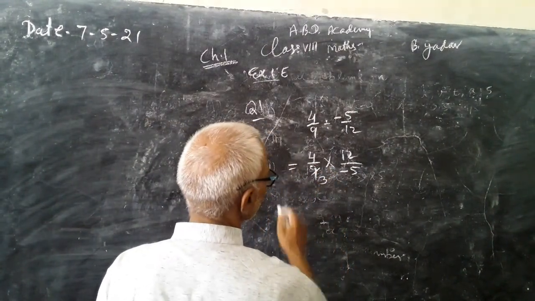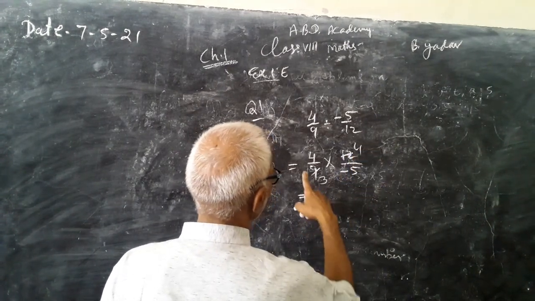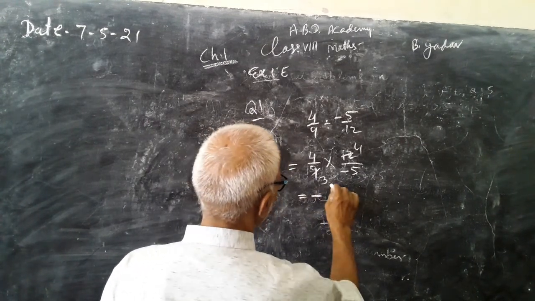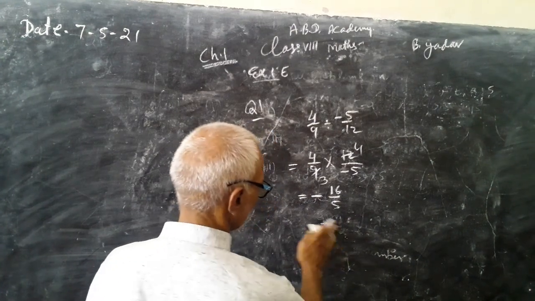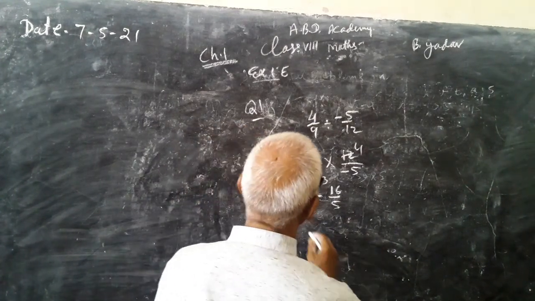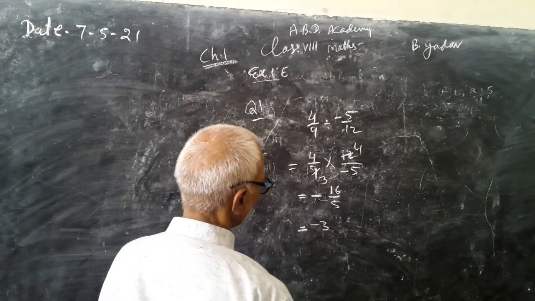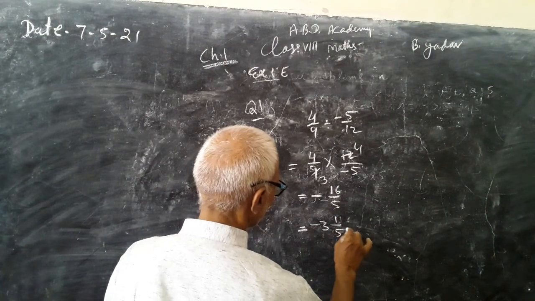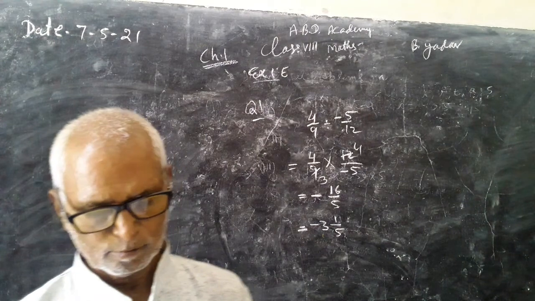Now cut: 3 3s are 9, 3 4s are 12. Here is plus, here is minus, so minus will come. It will come 16 upon 5, minus 16 upon 5. You can leave it in this way or write it as a mixed fraction. 5 3s are 15, so 3 1 by 5. Minus 3 1 by 5.